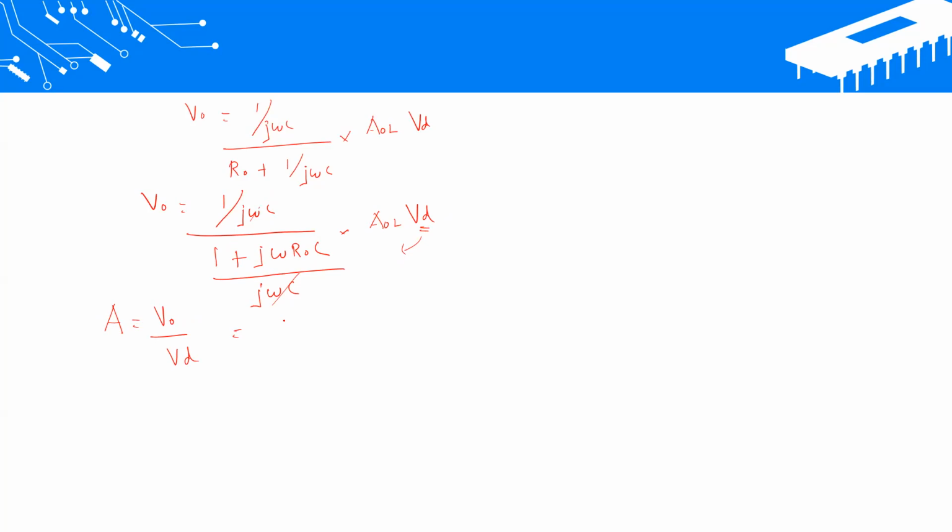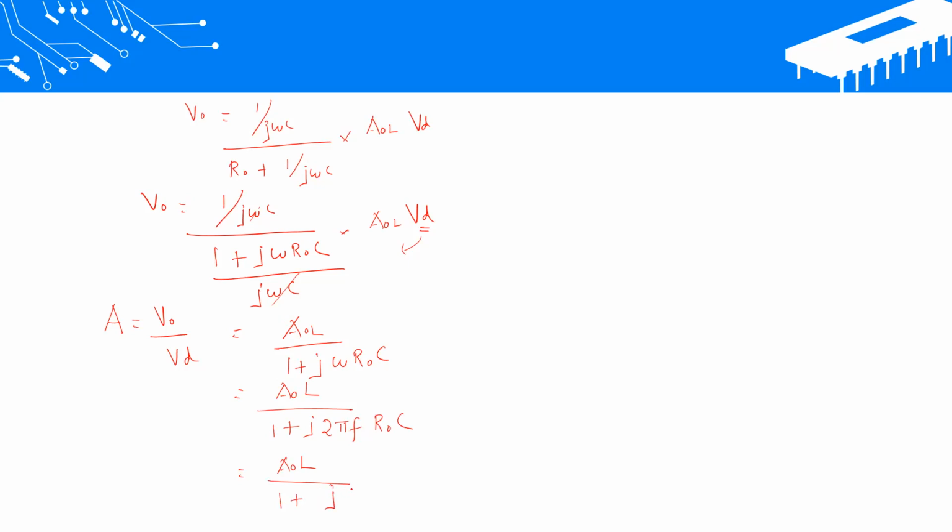Then A equals AOL divided by 1 plus j omega R naught C. Instead of omega, I'm going to write 2 pi here, so AOL divided by 1 plus j 2 pi R naught C.